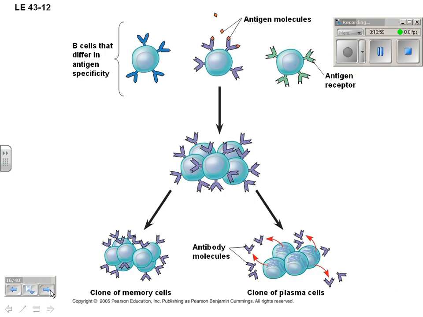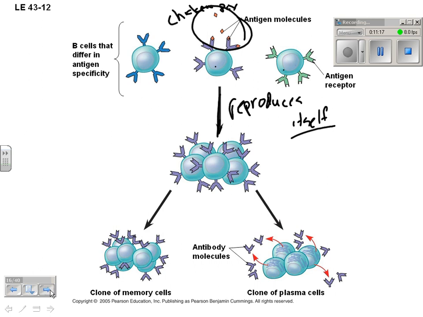So here are 3 different kinds of B cells, and this one is the one that recognizes chicken pox. So when you get chicken pox, when this one recognizes chicken pox, it reproduces itself. It makes clones of itself.